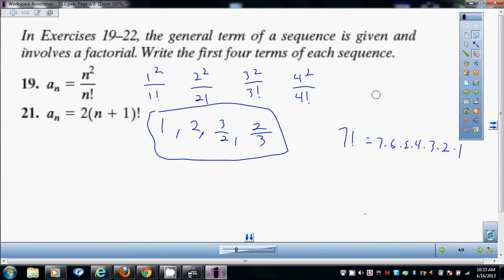Order of operations: you do inside the parentheses, then you do the factorial, then you multiply. Factorial works like an exponent. It comes before multiplication and division. I guess we'll find out.